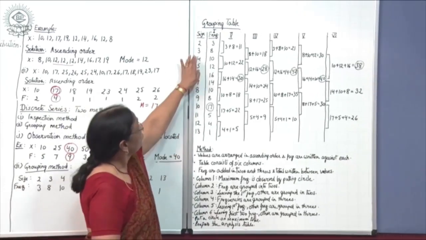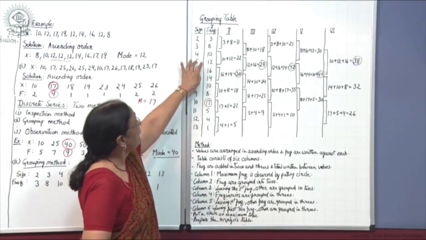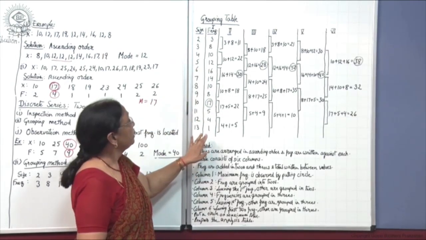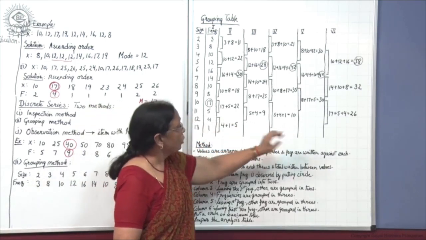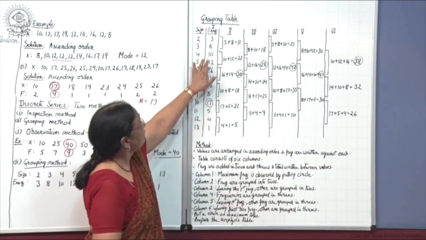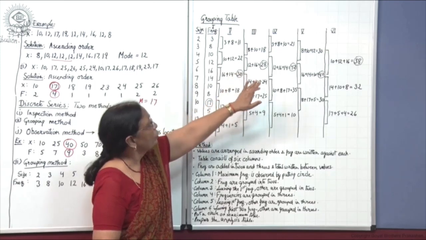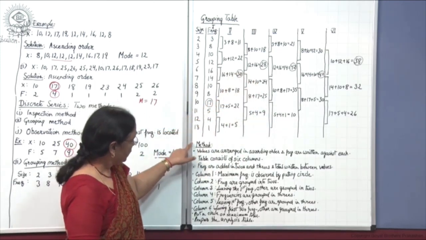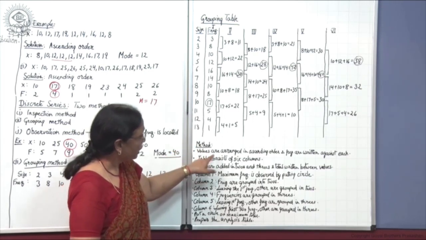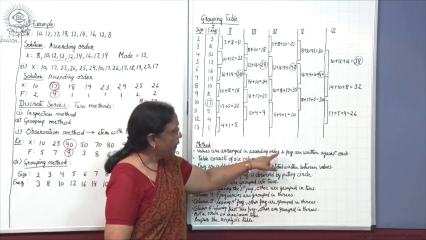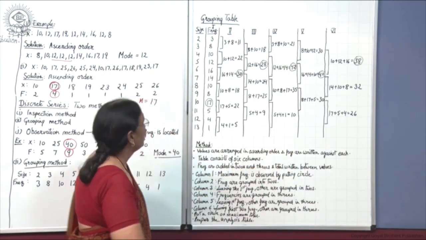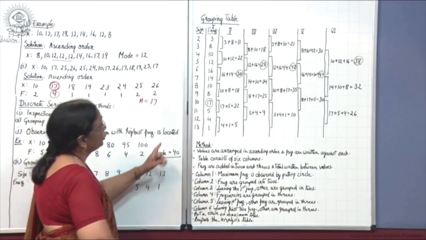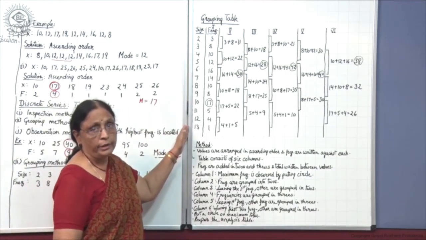Now here the first two columns, size and frequency, are given, and in total you have to make 6 columns. Frequency will be the first column, then in the second, third and fourth you will do the grouping. Let us see the method first. Values are arranged in ascending order and frequencies are written against each. Here the values were already given in ascending order, so you need not arrange them.